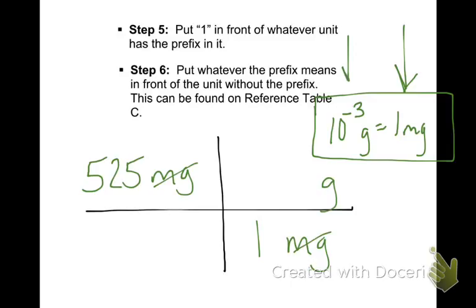Since we have 10 to the negative third, let's place our 10 to the negative third up here. However, we're not done, because one thing I want you to take note of is the fact that we've only converted to grams. We need to continue to convert to kilograms. So we have to add a step, step 7.